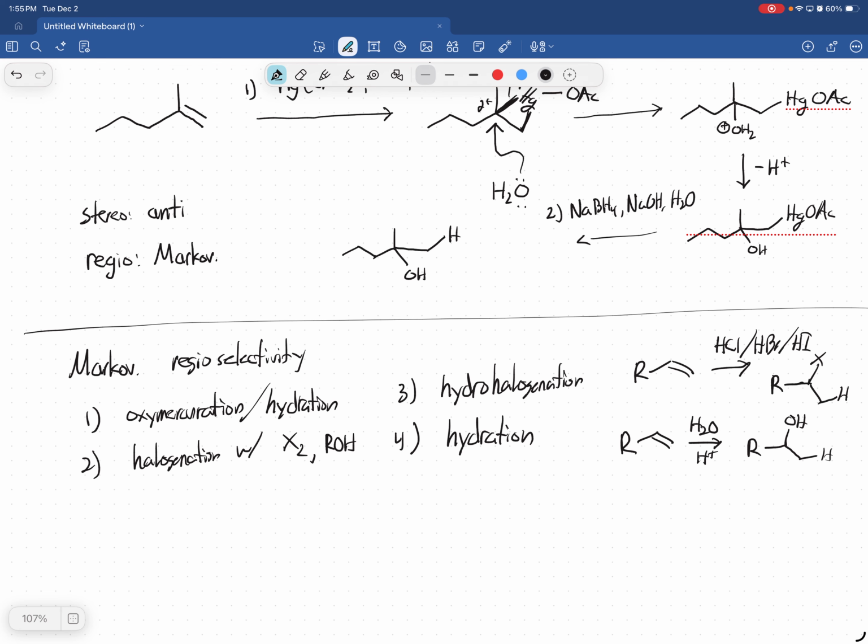Okay. So maybe I could bridge it here. Anti, mixed, syn/anti. And why is it mixed here? What's the intermediate? What kind of intermediate here?